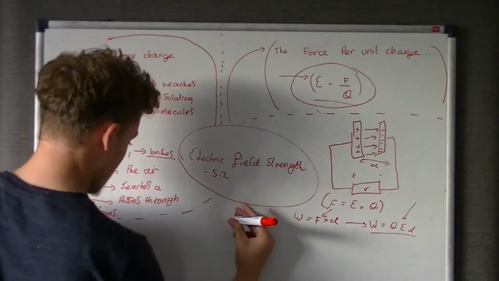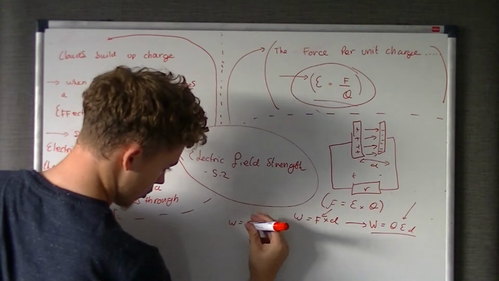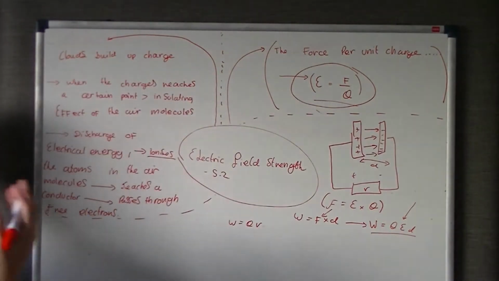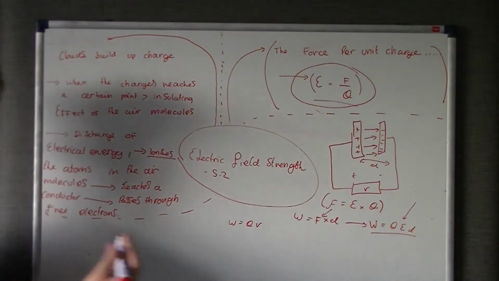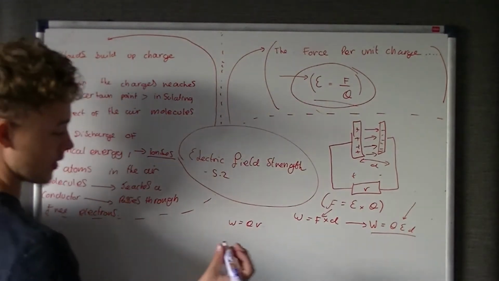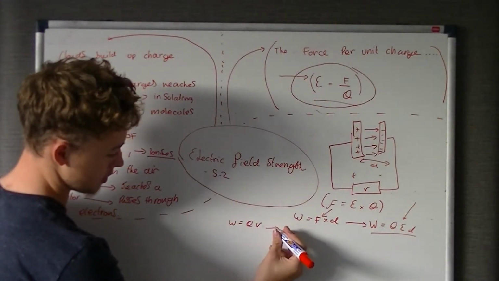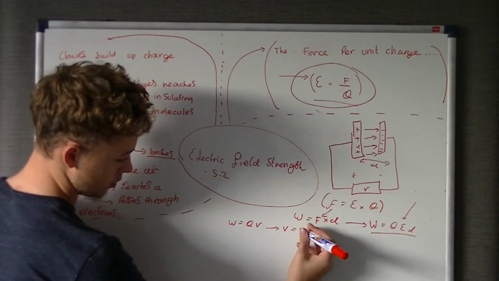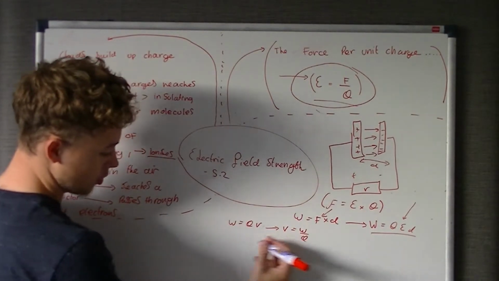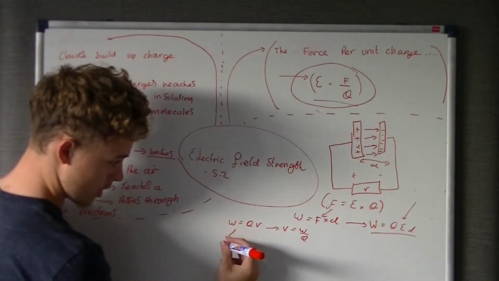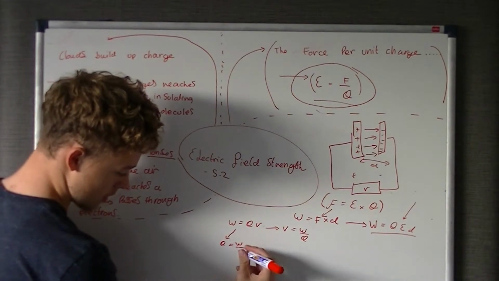Well, you should know, W equals QV, or VQ, or whatever you want to call it. So this allows us to get V is equal to W over Q. Or we could have Q equals W over V.